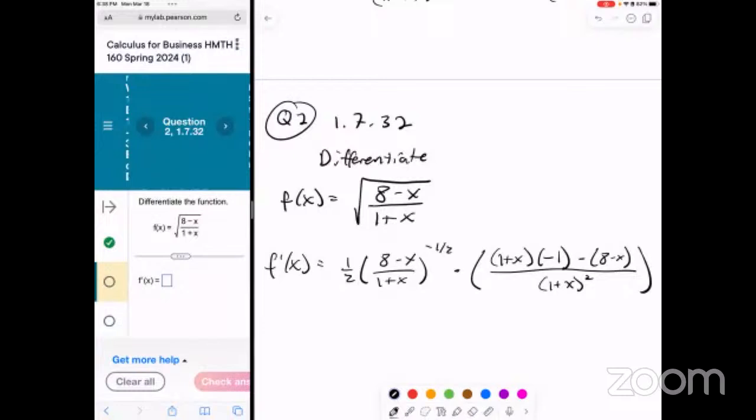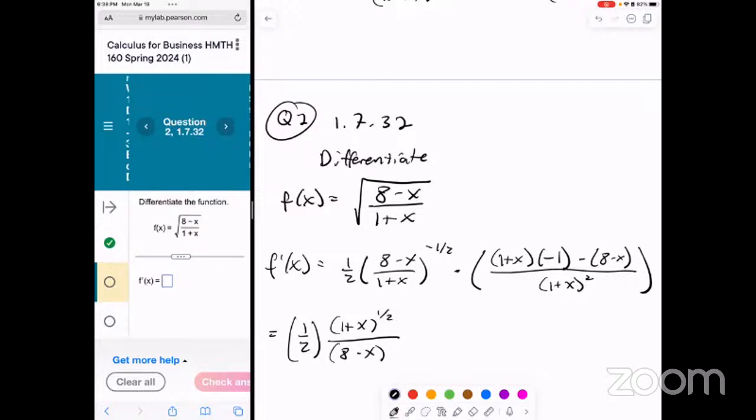Let's see. So this is going to be the same as now. We have this half. If I flip, I'm going to have 1 plus x to the power of a half over 8 minus x to the power of a half. Okay. Then I want to say times.